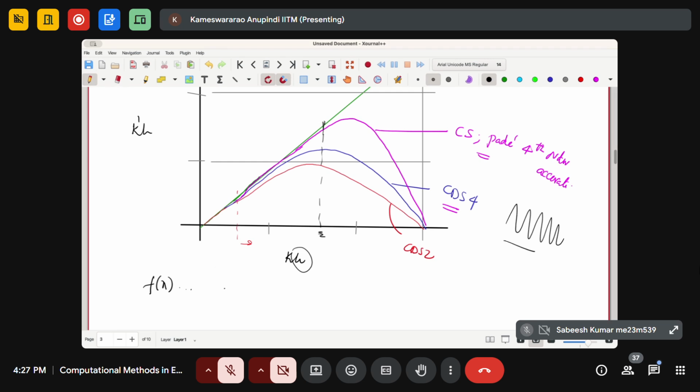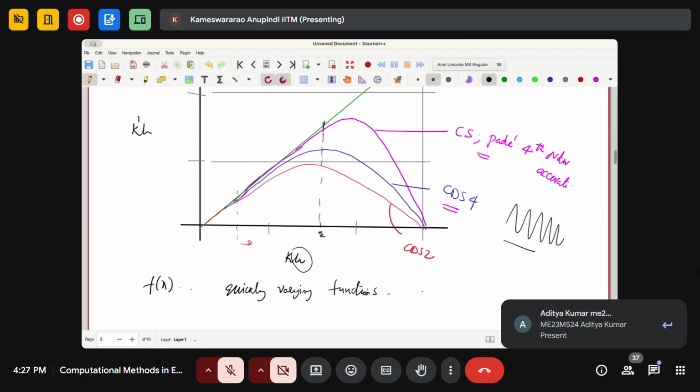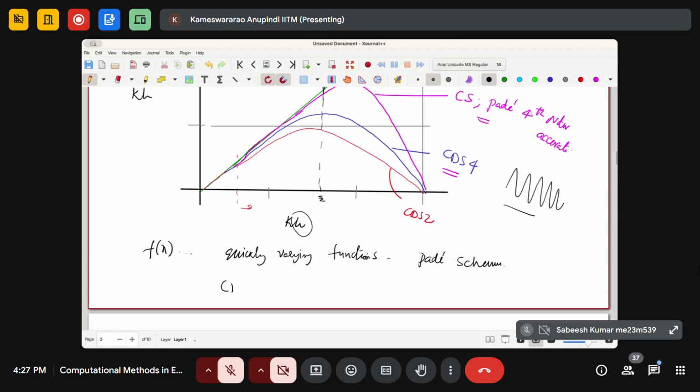not slowly varying. Essentially, these are quickly varying functions. Okay. Then compact schemes can still provide you with a good solution as compared to other methods such as CDS2 or CDS4, right?